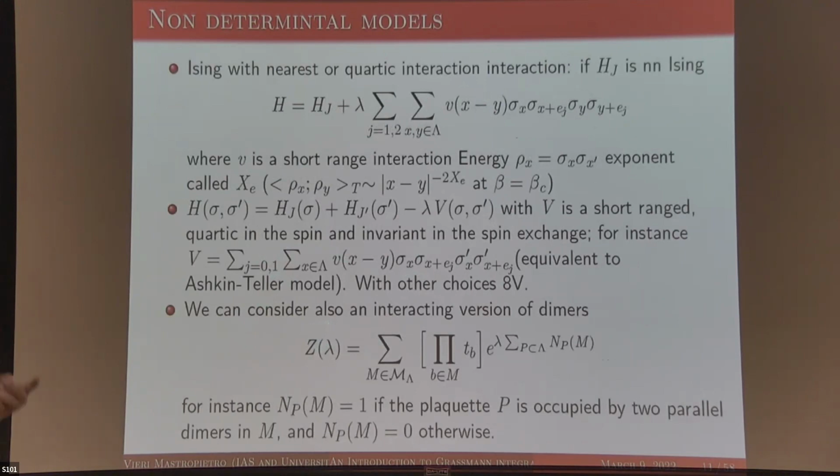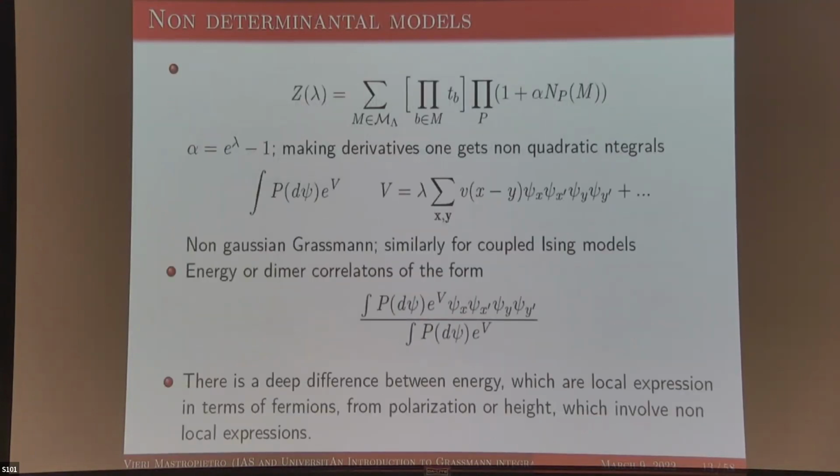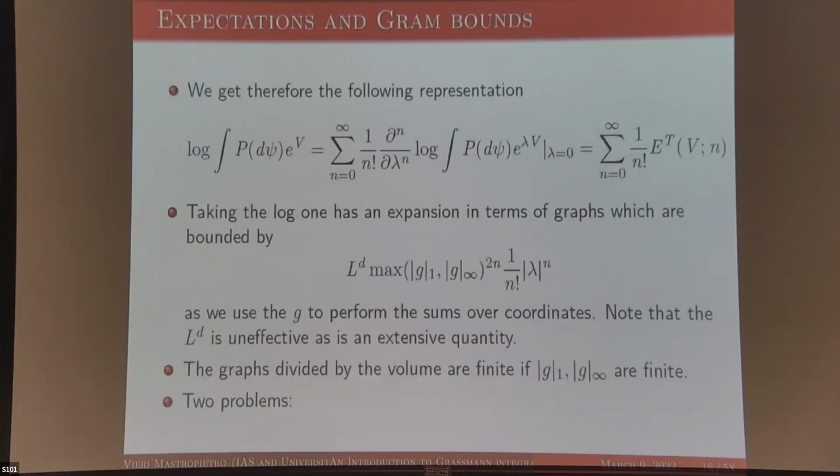In fact, it's even more complicated. I was referring to this case. But there is a very wide class of models in which you have all these vertices and so on. But even in this case in which the exponents change, there is a notion of universality.